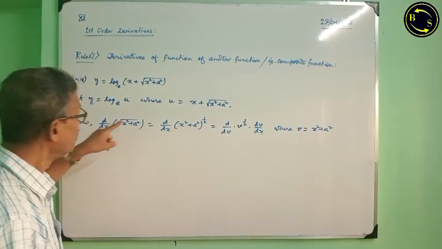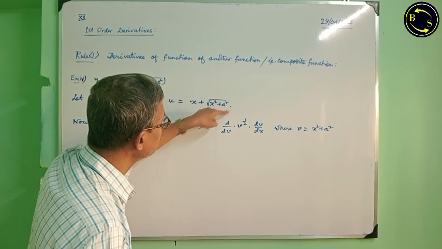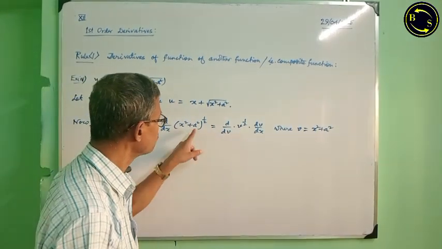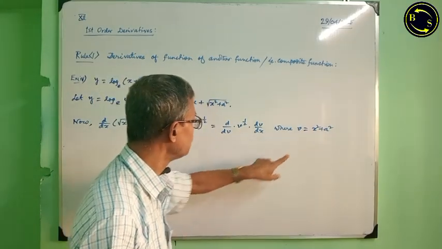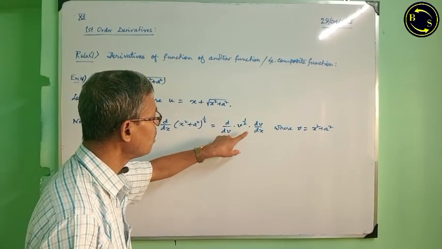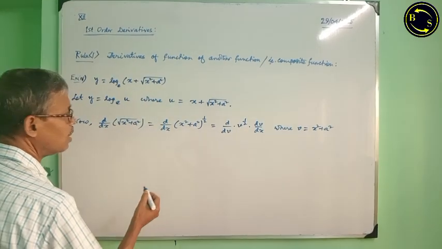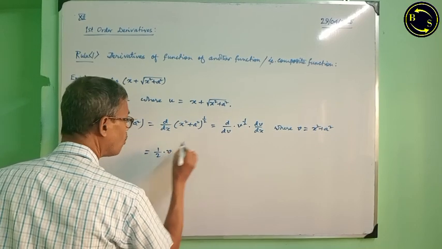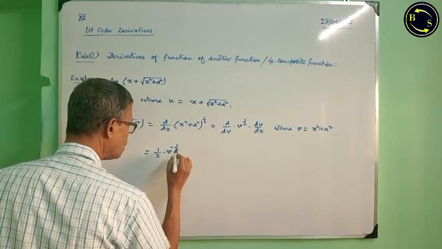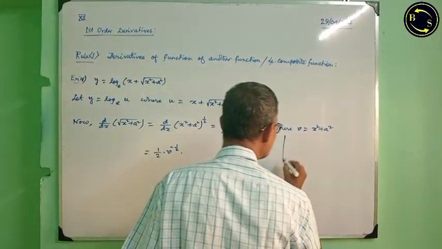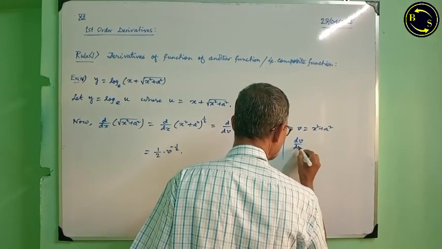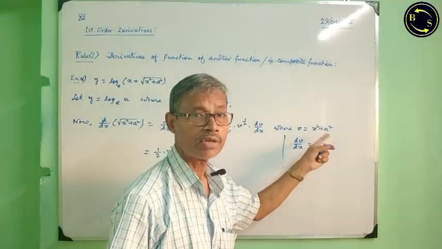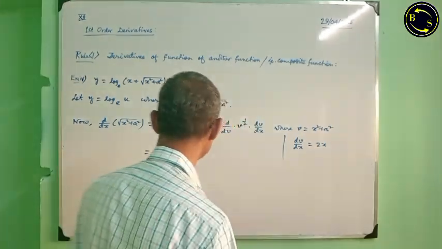I have found the derivative of this one separately. Taking x square plus a square as v, then d/dv of v to the power half into dv/dx, generally, will be equal to half v to the power half minus 1, means minus half, into dv/dx. Since a square is a constant, d/dx of x square will be equal to 2x.